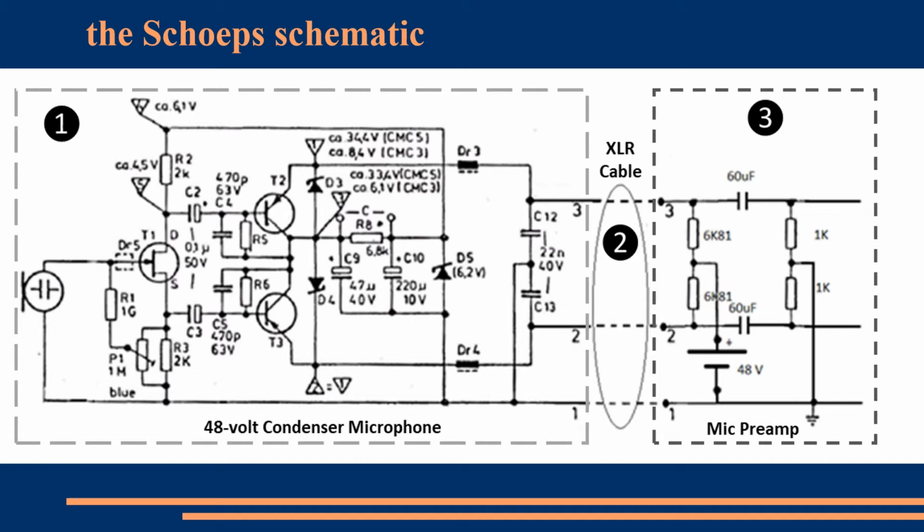They work as impedance transformers, and then it goes in the cable and you connect it to the microphone preamp. There are the 6K8 resistors and the 48 volts for the phantom power, and then you have the DC block capacitors and you have the input resistors of the preamp, in this case 1K.